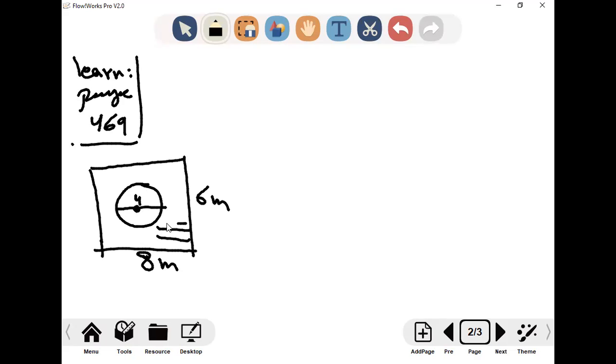And they colored this region blue, right? The question wants to find the area of the blue part only, okay? We want to find the area of the blue part without the circle.